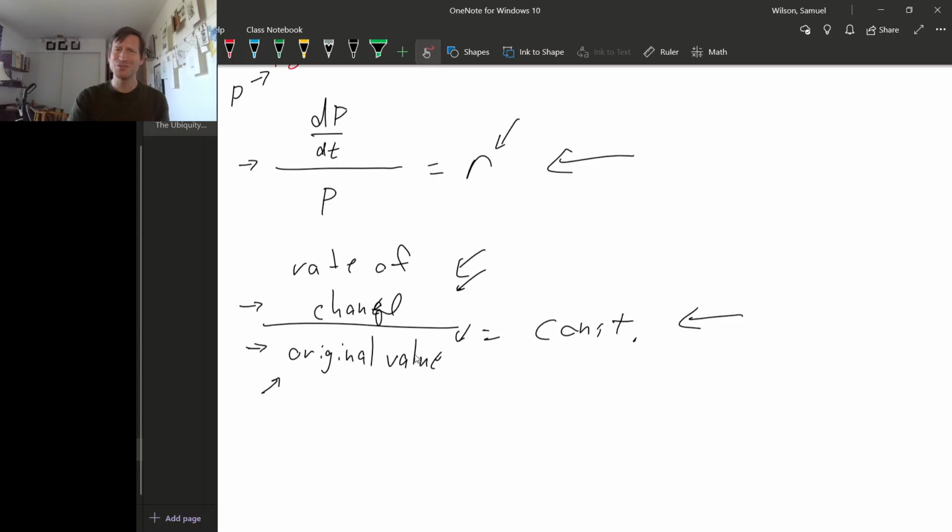But since all of those radioactive atoms are the same, that probability is going to be a constant. And it's the same for the other examples of exponential growth and decay. There's always some sensible reason why this ratio, the relative rate of change, should be a constant. And whenever you have a constant relative rate of change, you get exponential growth or decay.